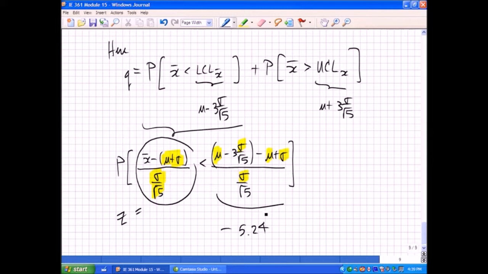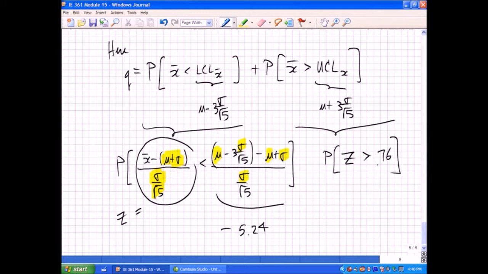And that number turns out to be minus 5.24. If I do the corresponding calculation on the right side, what I wind up with is a probability that a standard normal variable is bigger than, well, as it turns out, 0.76.